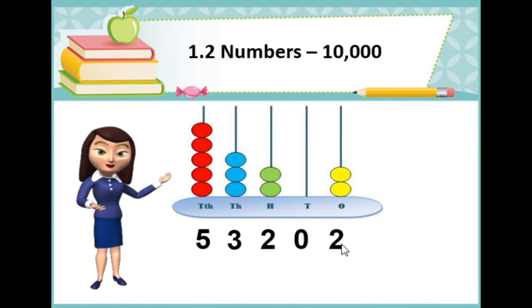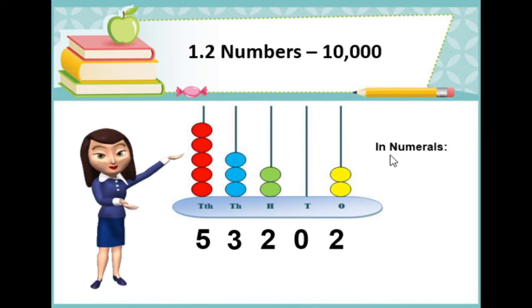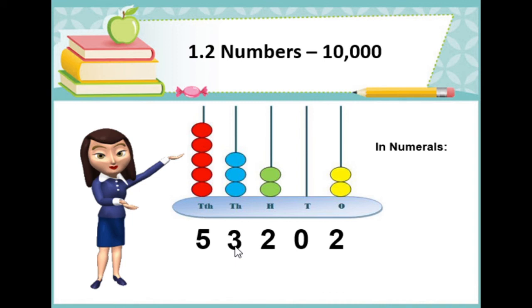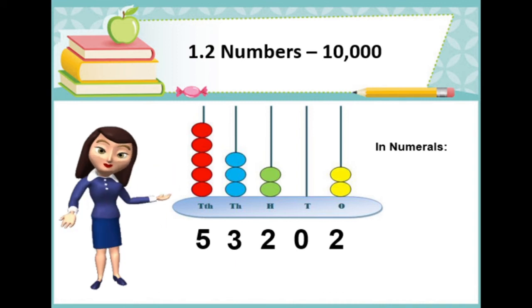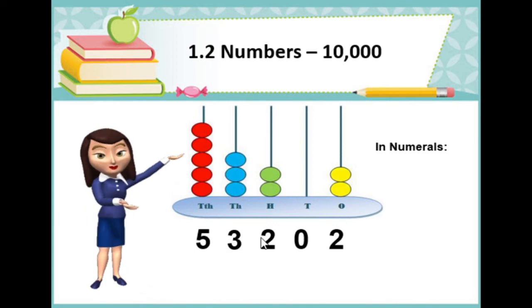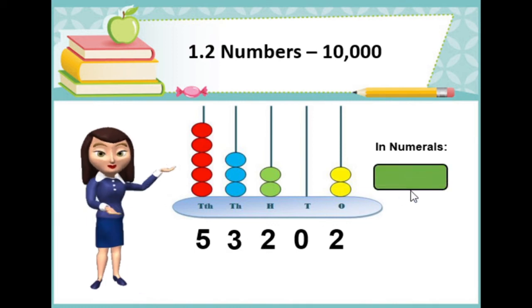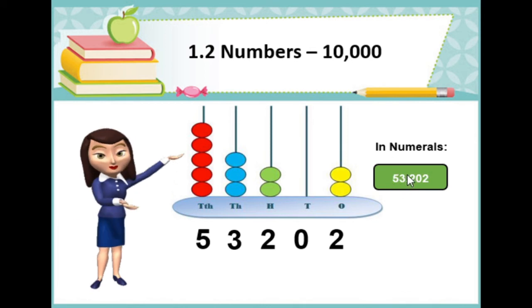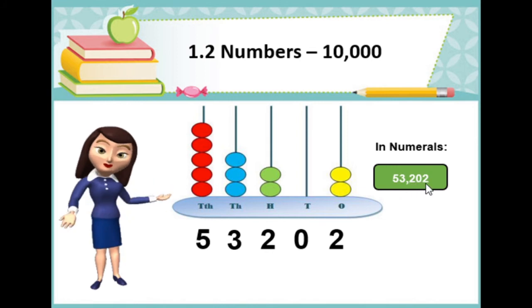We have 2. So in numerals, you don't put the comma between 5 and 3, okay? Because it's 10,000 already. You have to put the comma between 3 and 2. So it looks like this. 53,202.